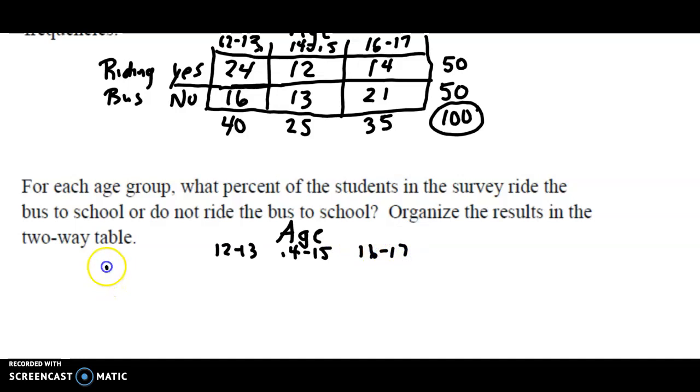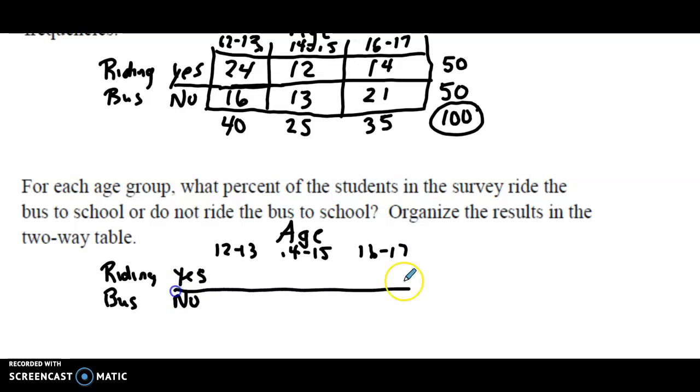And then we were asked about riding the bus, and those were yes or no. Again, we'll draw our lines here, and that will create the table.